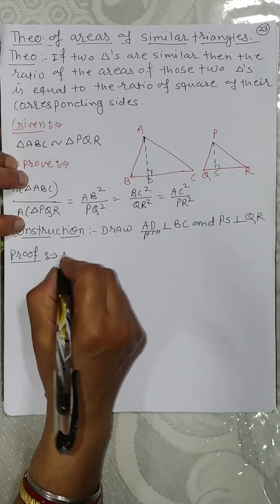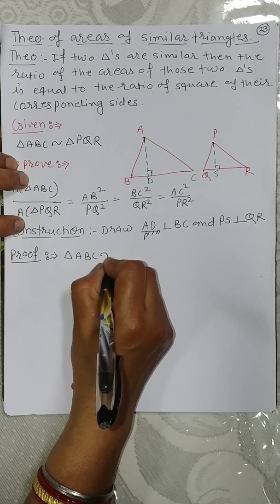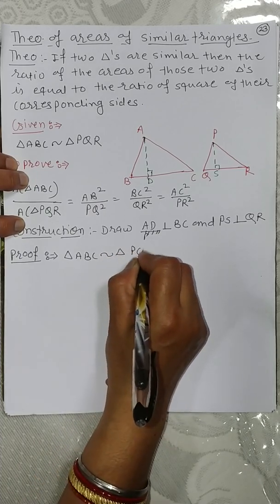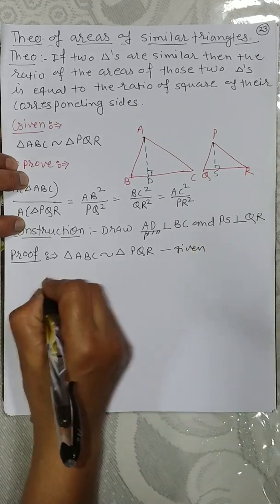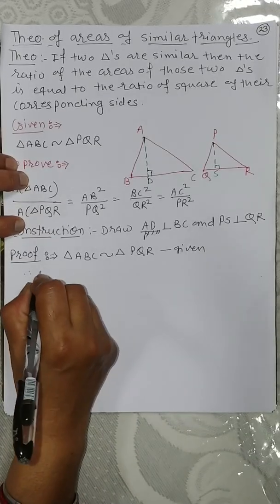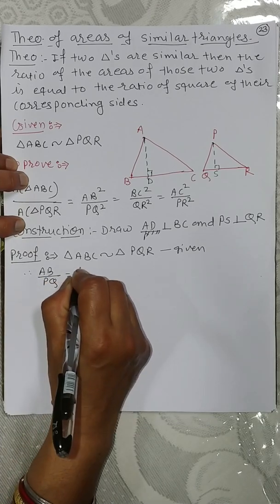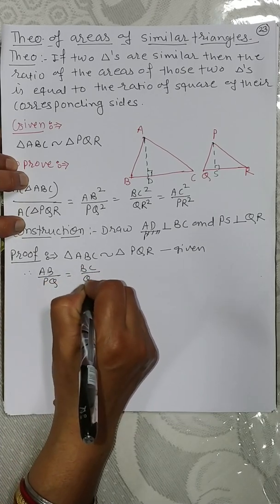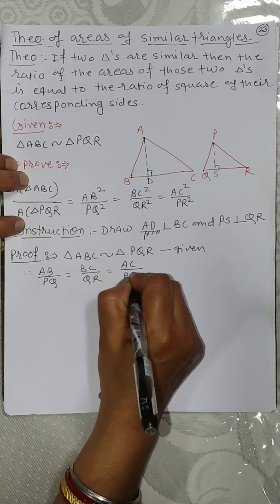And therefore here triangle ABC similar triangle PQR, it is given to us, and therefore AB upon PQ is equal to BC upon QR, it is equal to AC upon PR.